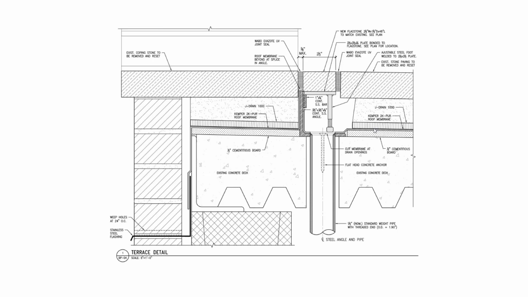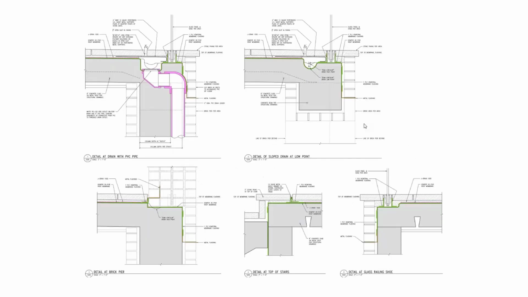Another example of the J drain, grout, flagstone and allowing this to drain this way. These are some more examples of what we do in different situations at these flagstone terraces.